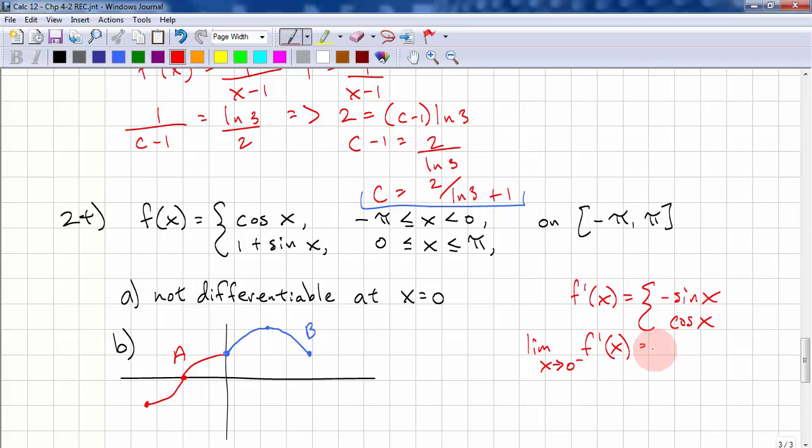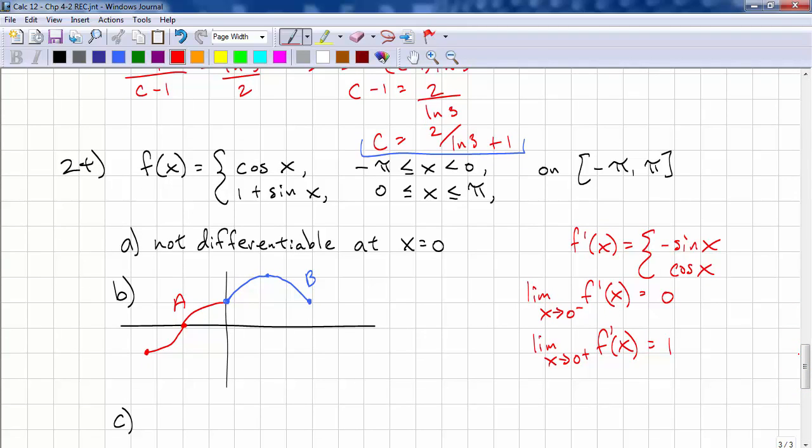Minus sine 0 is 0. And from the right, again, we'll use direct substitution. Evaluating this, we get 1. Okay, so it's not differentiable at 0 because the derivatives don't match, so the derivative does not exist.